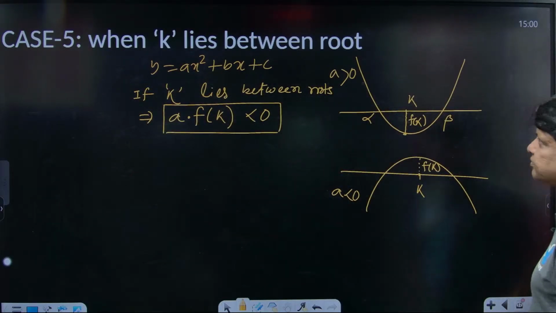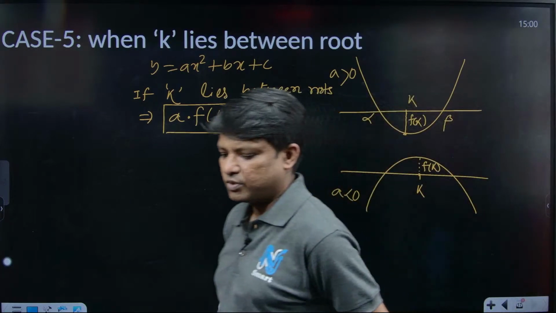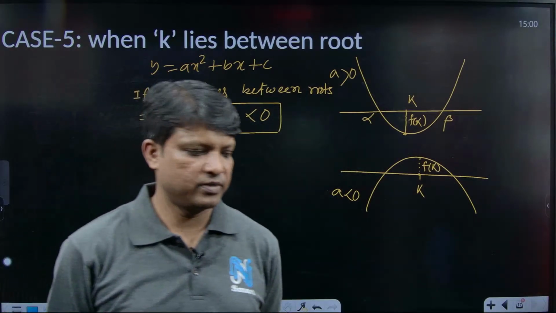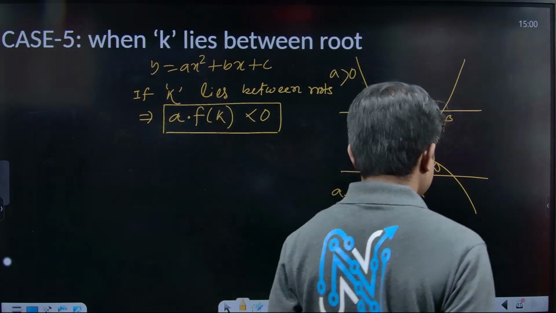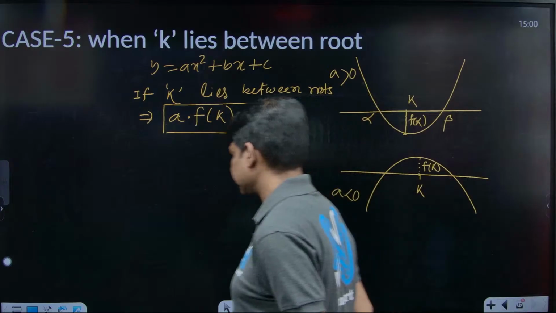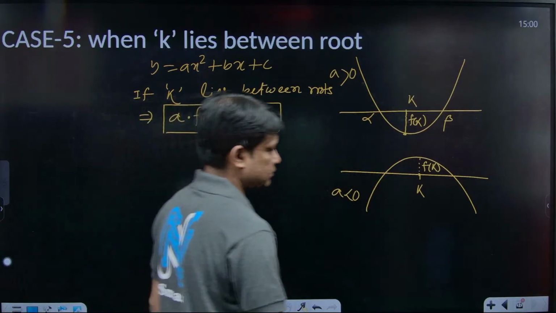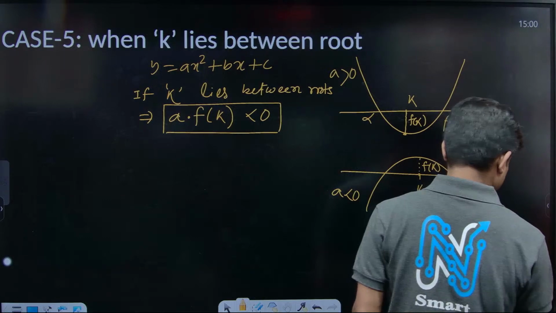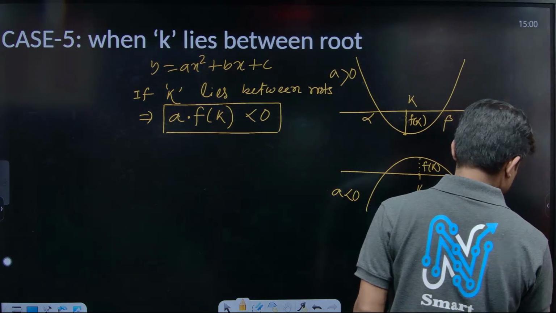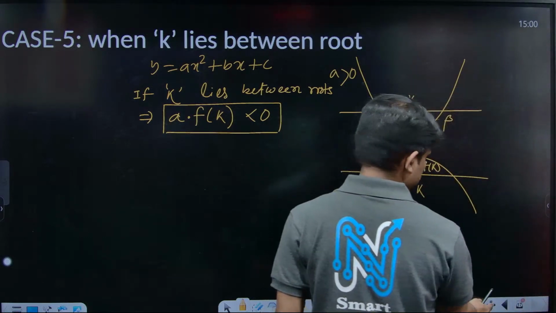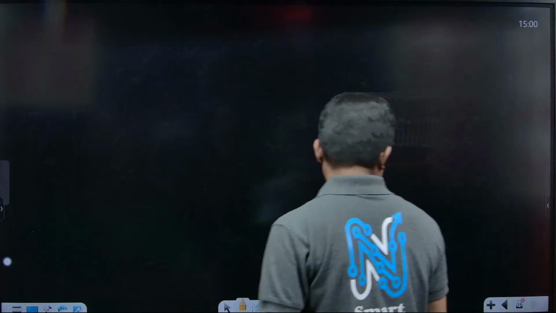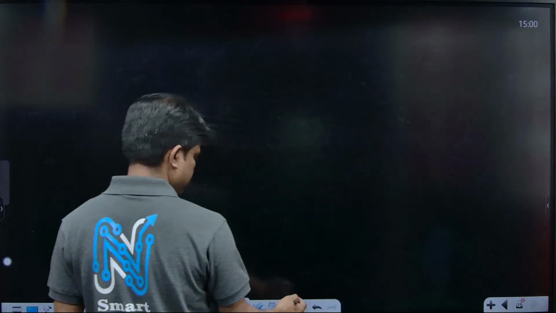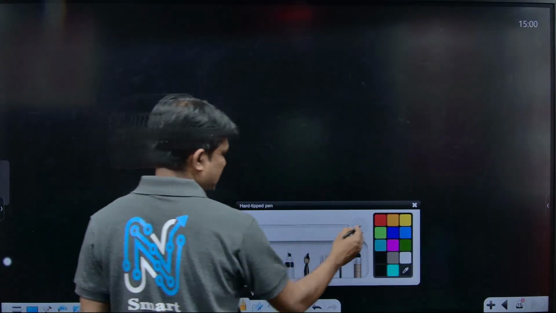Next, when k lies between the roots. Now we have to solve a problem for this concept.